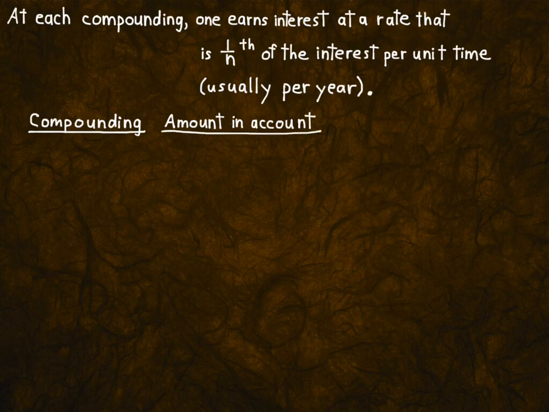So I made a little table here to demonstrate this. We have compounding, and amount in the account. At first there's zero compounding, and the amount in the account is your principal, P. Then the first compounding, you get P sub 1, and that's going to be P plus R over N times P. What is that?